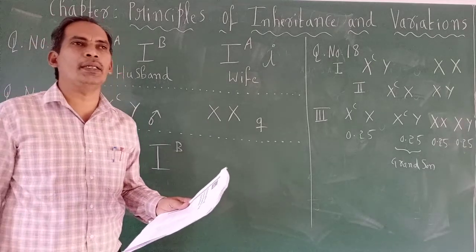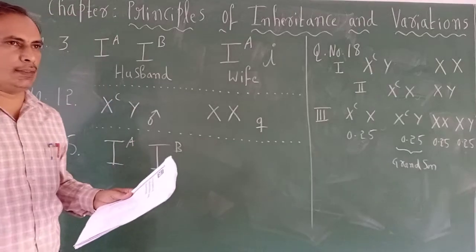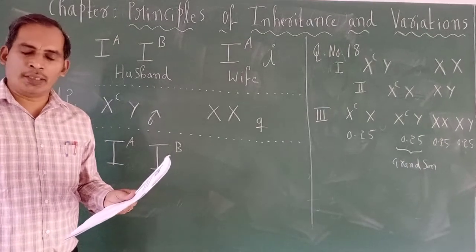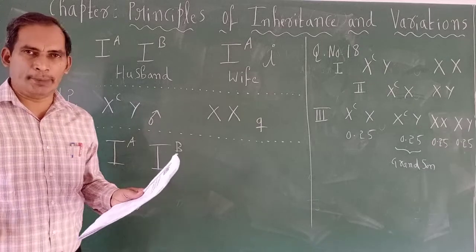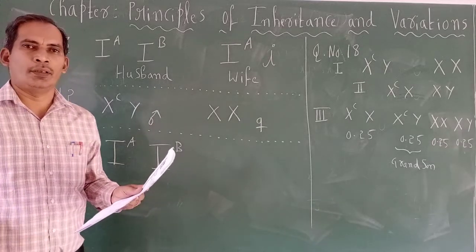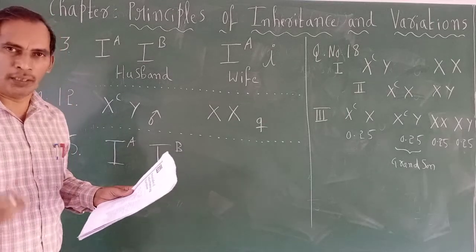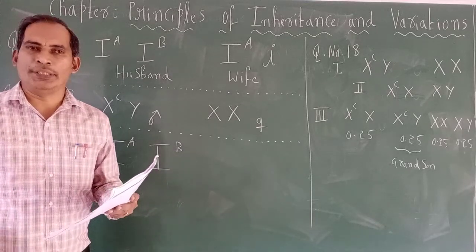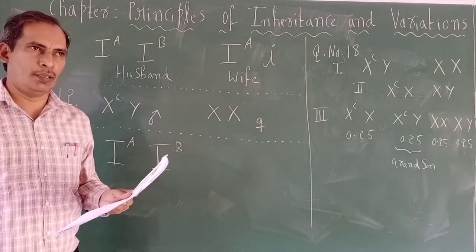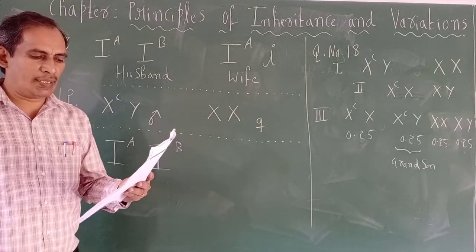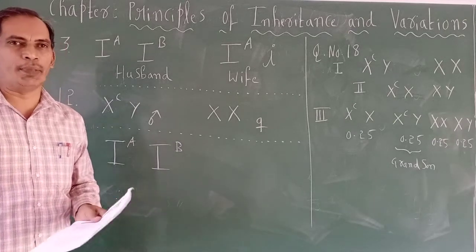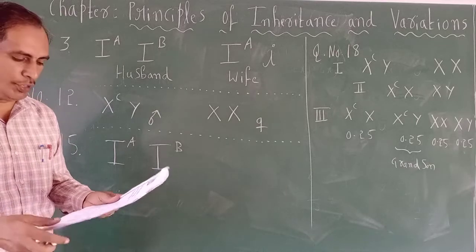As you know, Mendel studied 7 main characters in pea plants: stem height, color of flower, position of flower, color of seed, shape of seed, color of pod, shape of pod. So here, trichomes, glandular or non-glandular, this character was not considered by Mendel. Let's move on to the next question.